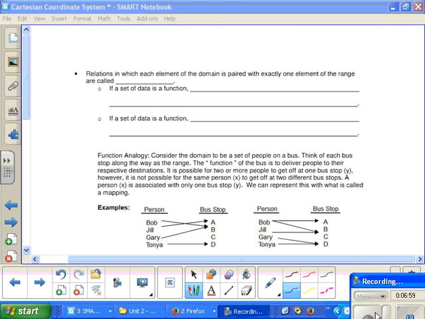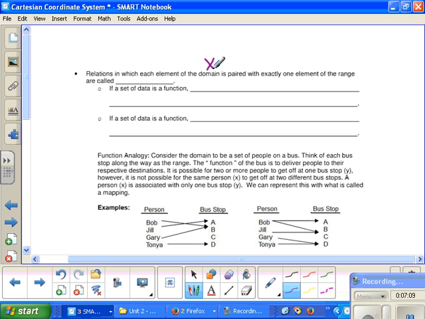Okay. We got a little short description here. Relations in which each element of the domain, which is x, is paired with exactly one element of the range, which is y. It's called a function.